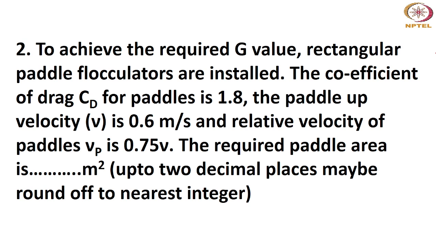The paddle velocity was given as 0.6 meter per second, and the relative velocity which is needed for your formula is 0.75 of V. So this is my V, 0.6 meter per second, and from there you can calculate that 75%, 0.75 of V, that is the relative velocity. This is only required in the formula. So the required paddle area you have to calculate in meter square.